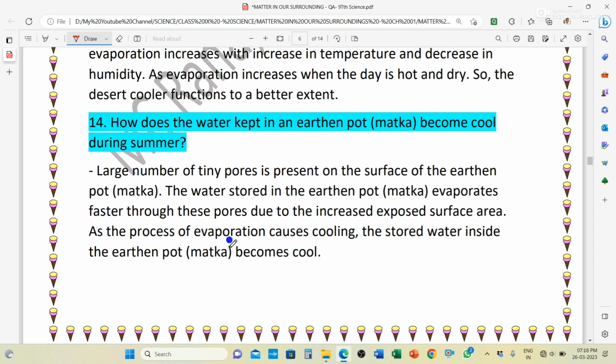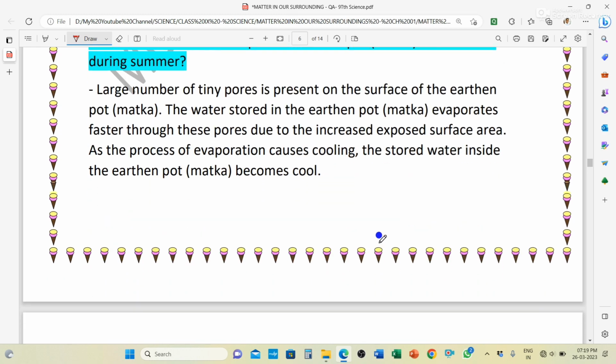As evaporation causes cooling, the stored water inside the earthen pot becomes cool. So if the rate of evaporation increases, the rate of cooling also increases. That's why in the summer season we keep water inside a matka or earthen pot.